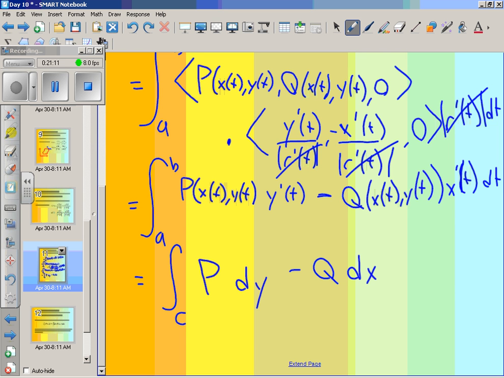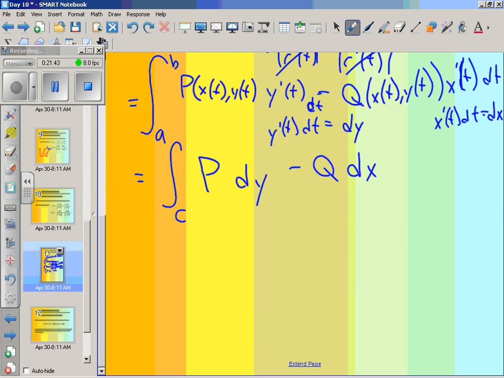So we have to think of distributing this dt. Remember, y prime of t dt equals dy, and x prime of t dt equals dx. We're switching back to being parameterized with respect to our curve. Okay, and I'm going to rewrite this one more time in a form that'll be a little more familiar.